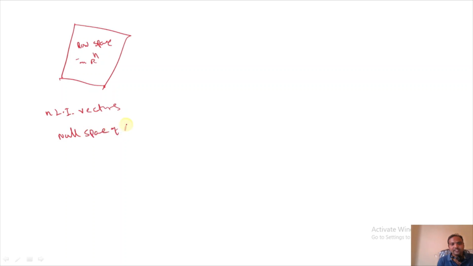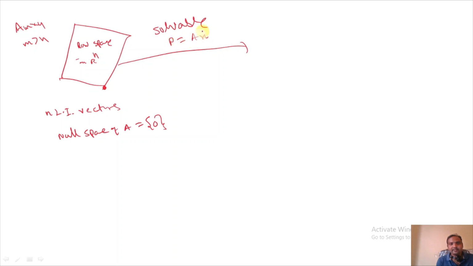The null space of A is 0. There is no null space. Suppose it is solvable. We are taking A as an m by n matrix, where m is more than n. That means it's not solvable directly. When it's solvable by projection, p equals A x hat.